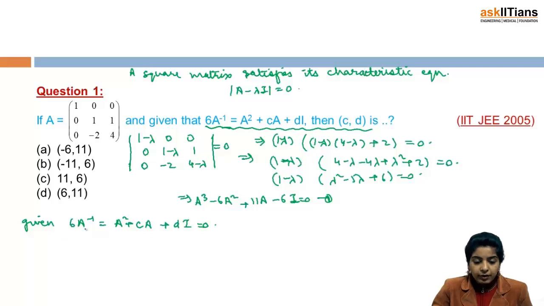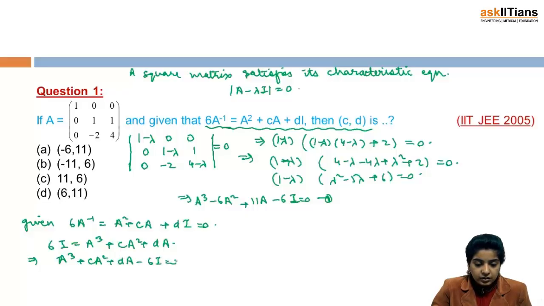If I multiply both the sides by A, what do I get? 6I is A cube plus CA square plus DA. Now by solving this, I get A cube plus CA square plus DA minus 6I is equal to 0. This is my second equation.